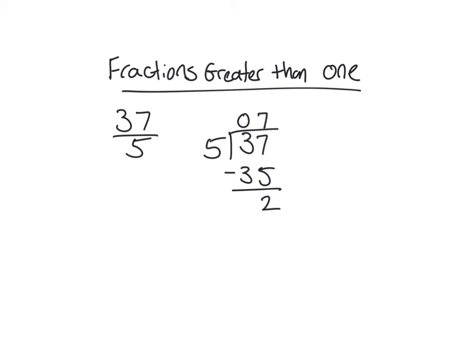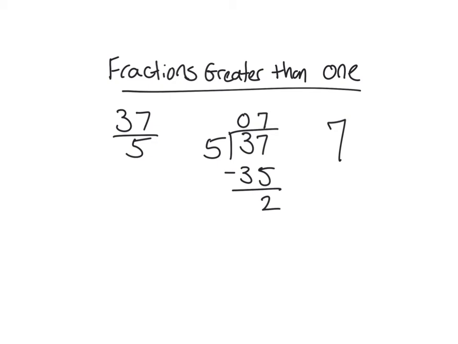And we can take this division problem and have all of the information that we need to write a mixed number. So 7 is my whole number because we're saying that 5 goes into 37 7 whole times. And then with this 2 left over, we're saying that we have 2 out of 5 remaining after we do this division.